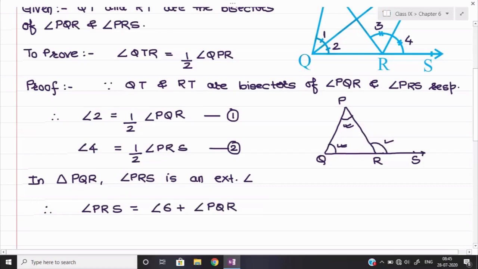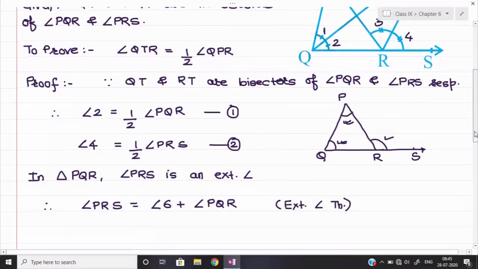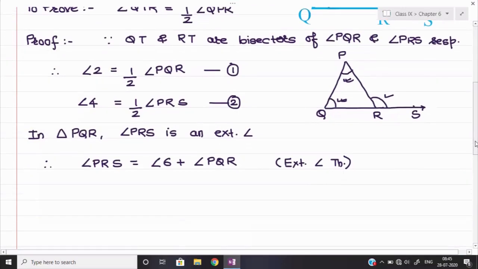Now see, this is an equation. First we will write down the reason over here. Reason we can say exterior angle theorem. Okay, now we shall do one thing, we shall make some correction in the equation. What correction will we make here?